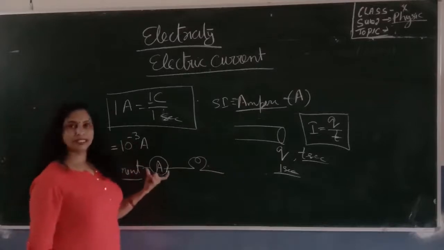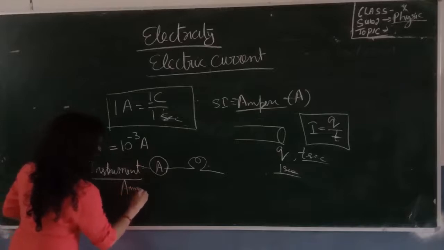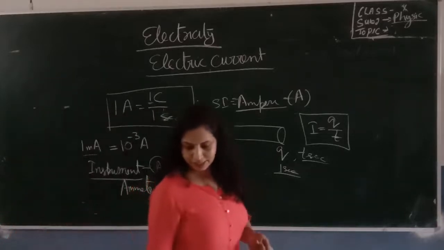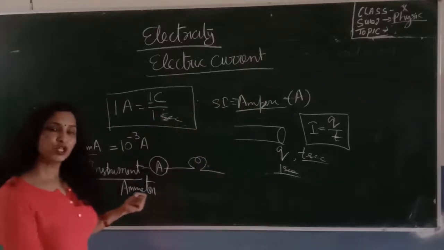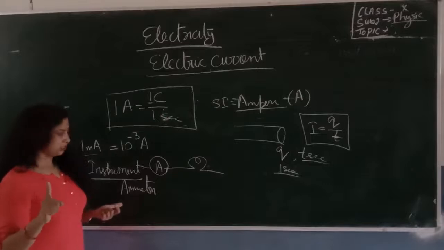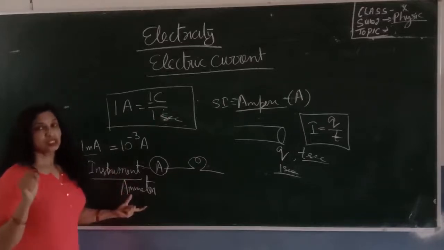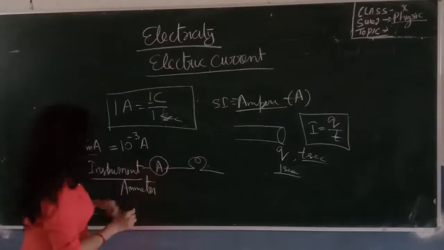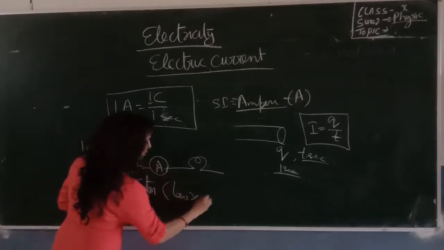So we use the ammeter for measuring the current in a circuit, and we always connect it in series. There is one important condition: the ammeter should have very low resistance so that it does not resist the flow of electrons.